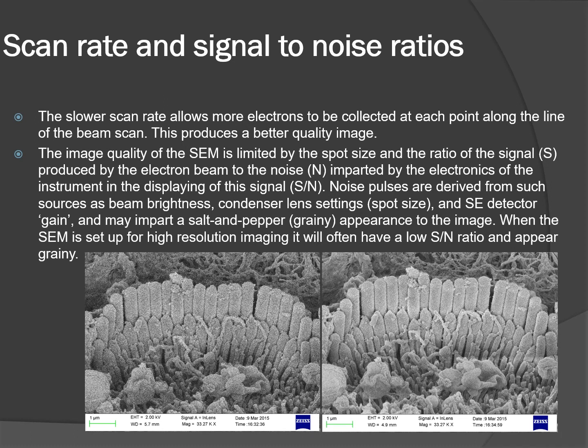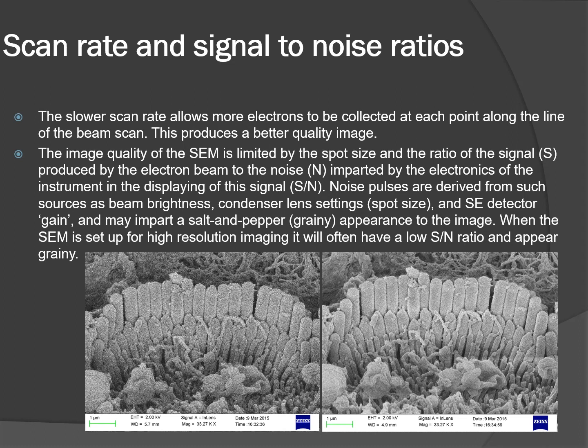Noise pulses are derived from such sources as beam brightness, condenser lens settings, spot size, and secondary detector gain, and may impart a salt and pepper graininess appearance on the image.